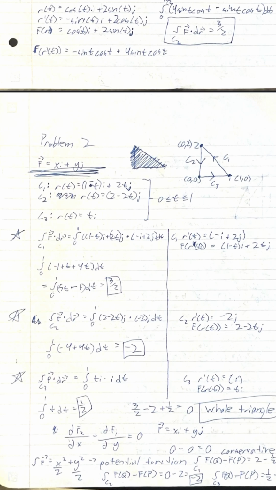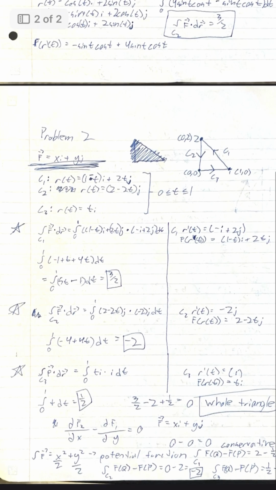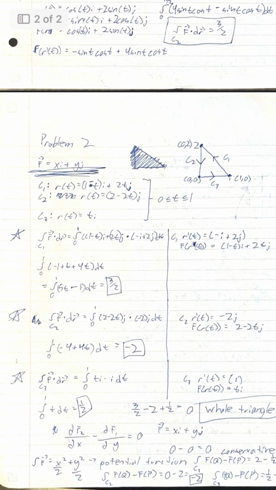The first step of that is determining if the vector field F is a conservative vector field. And to do that, we use the curl test, which is the derivative of the second component with respect to x minus the derivative of the first component with respect to y. They have to be the same so that the difference equals 0.